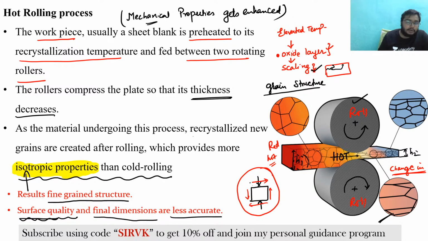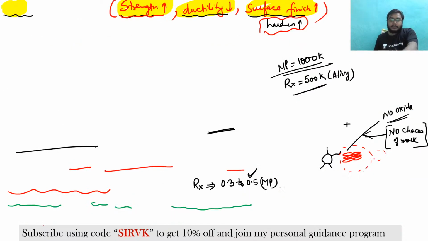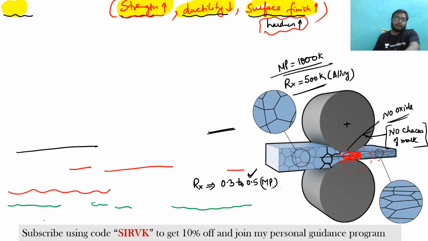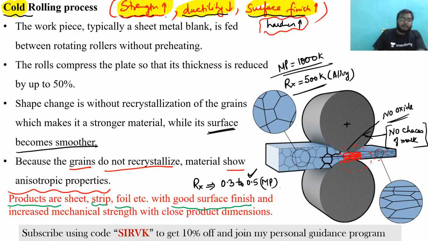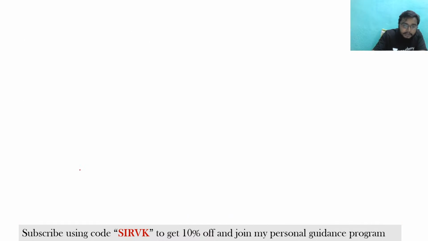The first most important thing you should always keep in mind is that in the hot rolling process, surface quality is less. In the cold rolling process, surface quality is good. Ductility is less in this case, but ductility is more in that case.